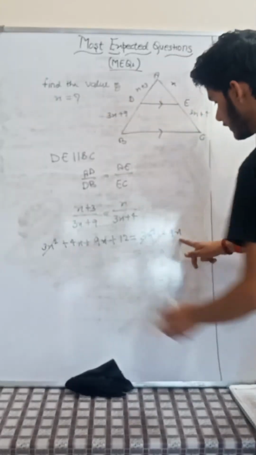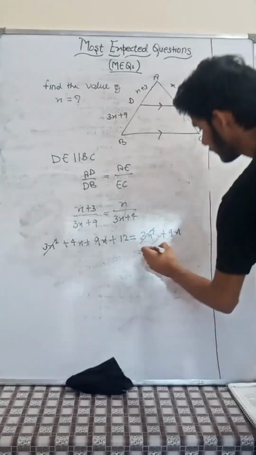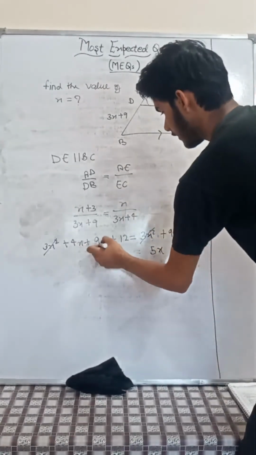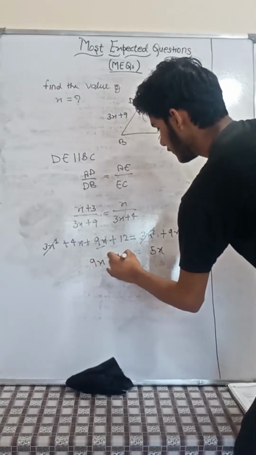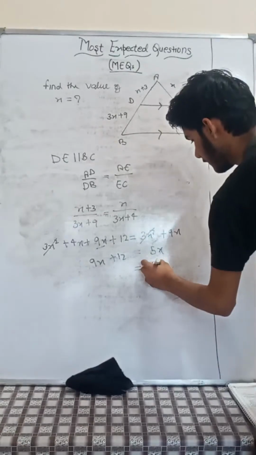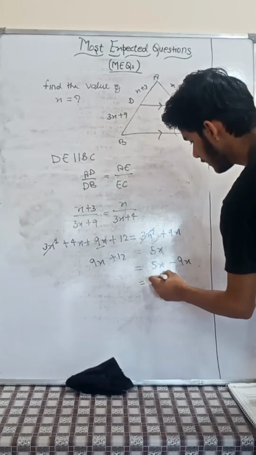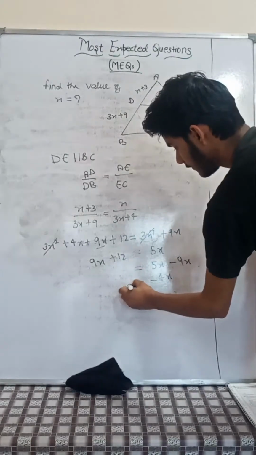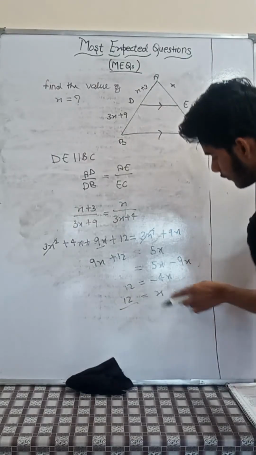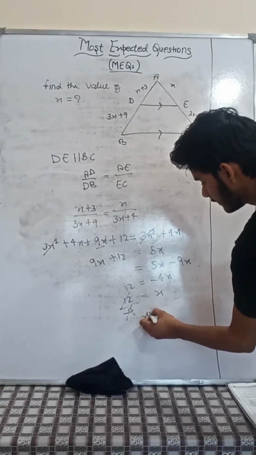Then 4x minus 9x is minus 5x equals 12, so x equals 12 upon minus 4, that is minus 3.